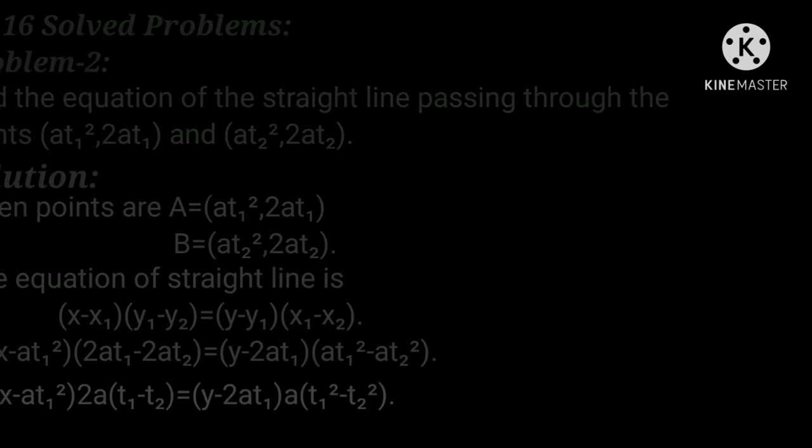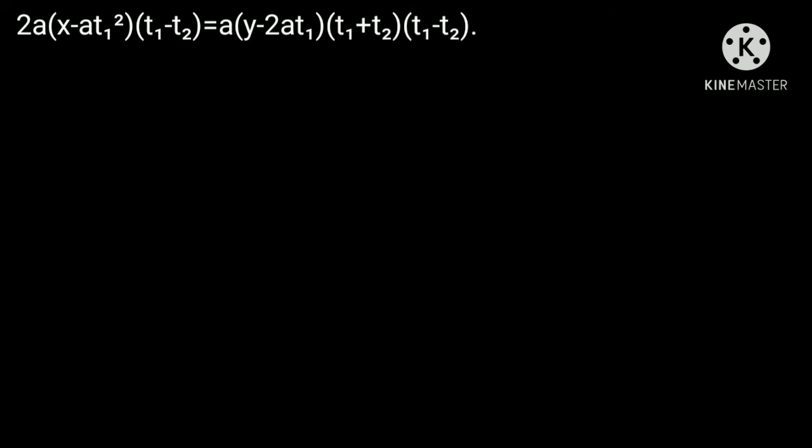After simplification, 2a into (x minus a t1 square) into (t1 minus t2) equal to a into (y minus 2a t1) into (t1 plus t2) into (t1 minus t2). Here we cancel a and (t1 minus t2) on both sides.